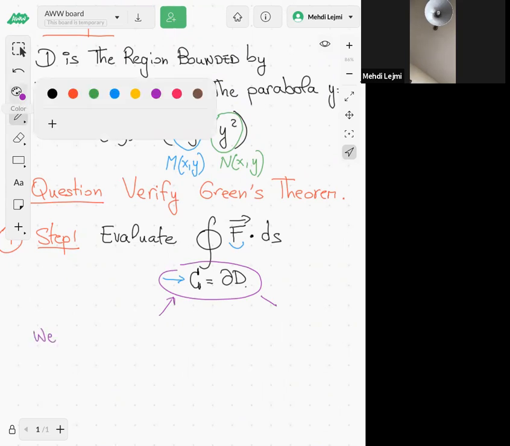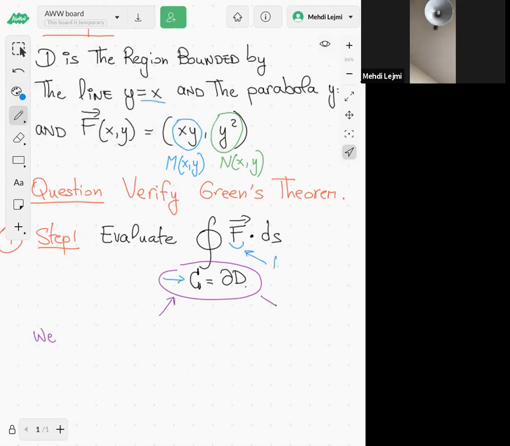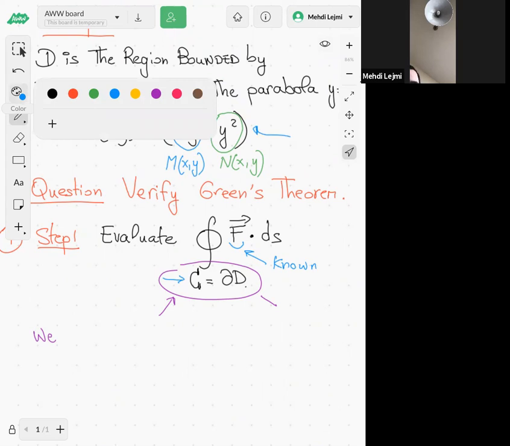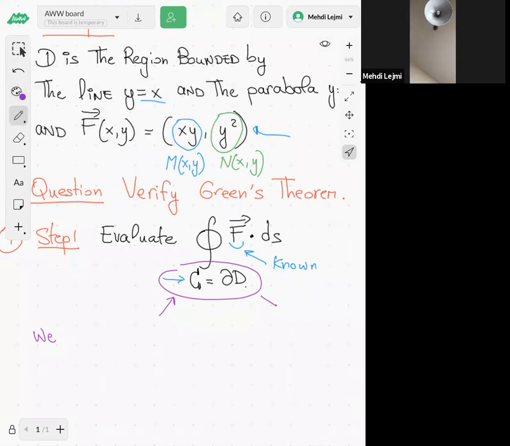This is known, it's given in the problem, but we need to parameterize this boundary.